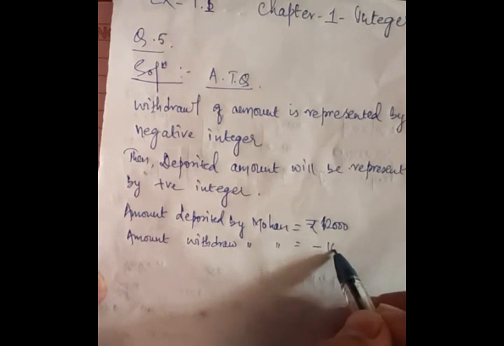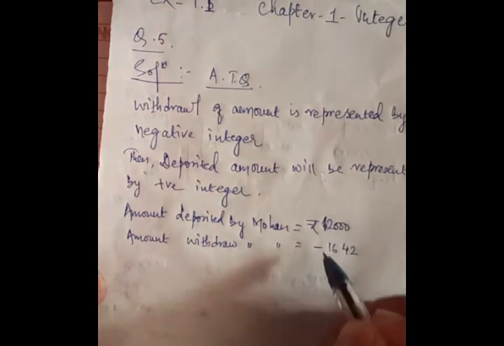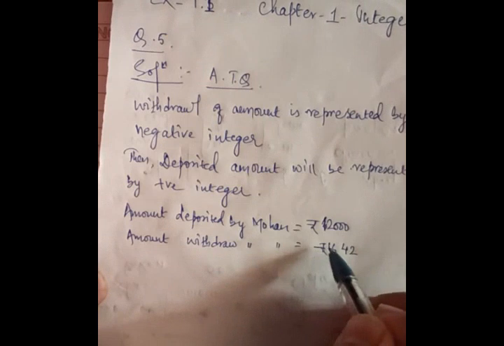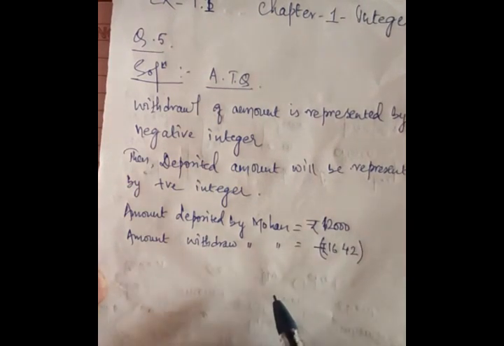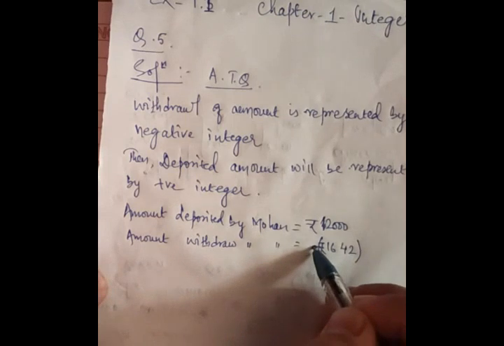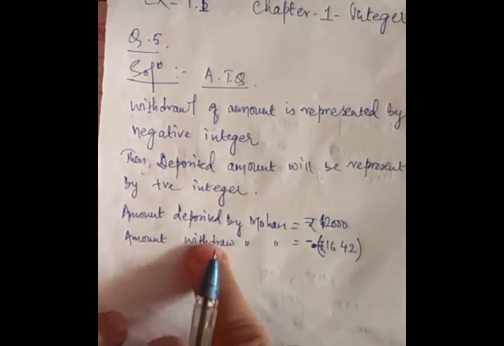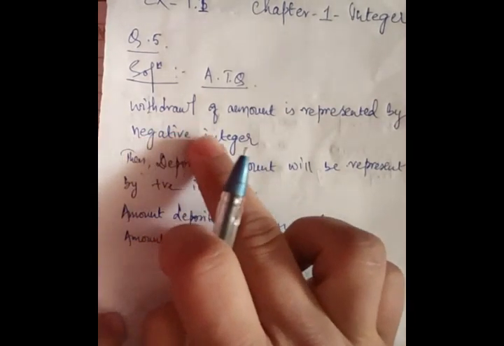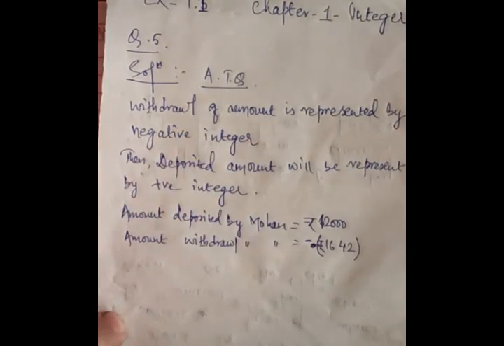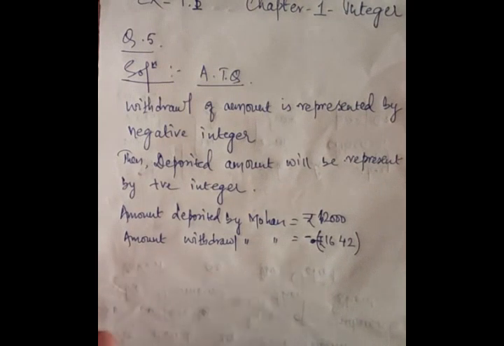Minus 1642, right? Minus 1642. Okay, so let me clear this. This is your minus. Why? Because the withdrawal amount is represented by the negative integer. So I hope it is clear. Yeah, clear.